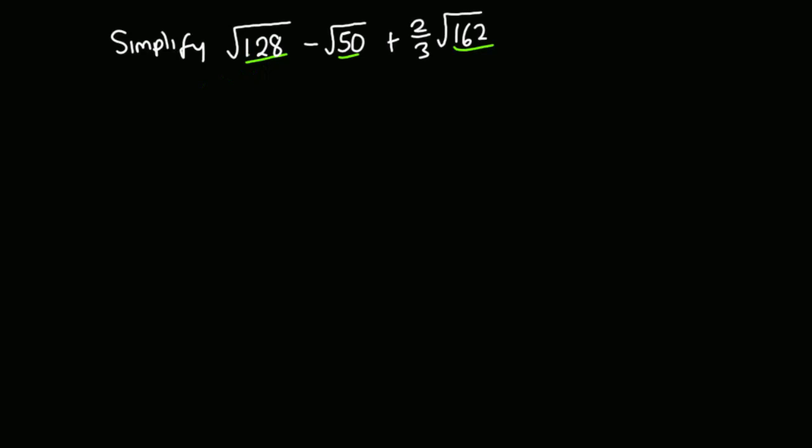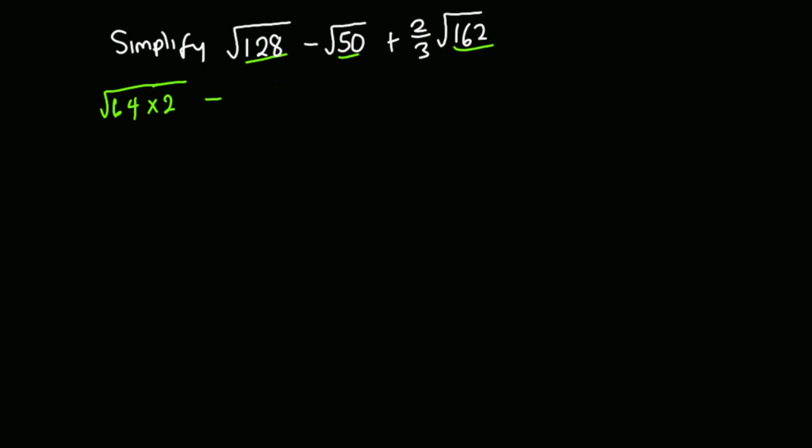So if I take for instance the 128, upon dividing by 2 I'll get 64. So what it means is that I can write root of 128 as root of 64 times 2. Then minus, if you pick 50, we'll also want to find a perfect square out of it. You realize upon dividing 50 by 2, you end up with 25. 25 is a perfect square.